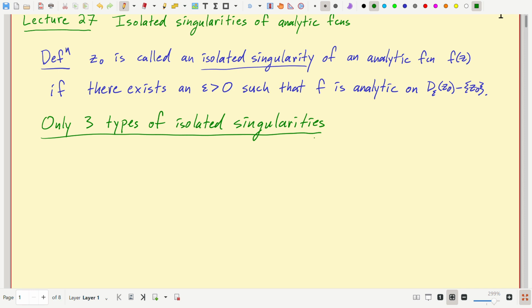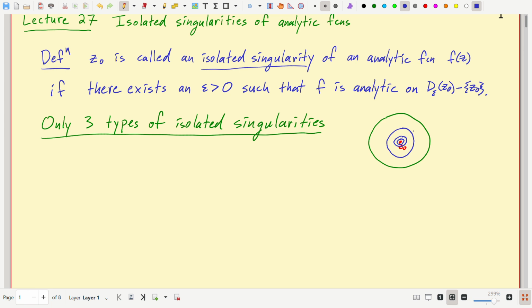Now we know that if a function has a Laurent expansion, Laurent expansions were for an annulus. But if the thing is analytic all the way down to a point z0, you can make that annulus shrink down to z0.